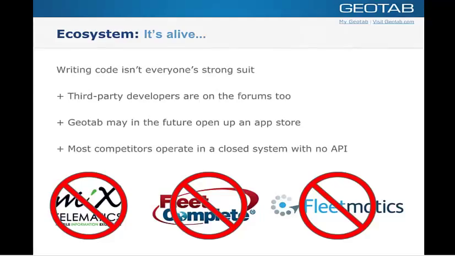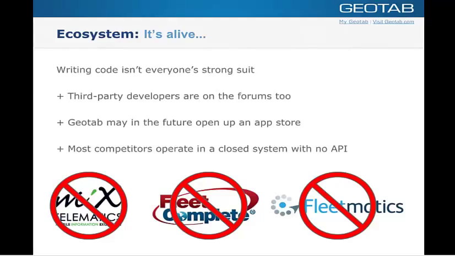One of the big differentiators too is that if you just browse around to some of the different telematics vendors, the SDK is a very unique thing that Geotab offers. Some of the big people here, I just went to their websites recently and tried to gauge whether or not there was something equivalent there. And what I found was everyone's operating these closed systems.